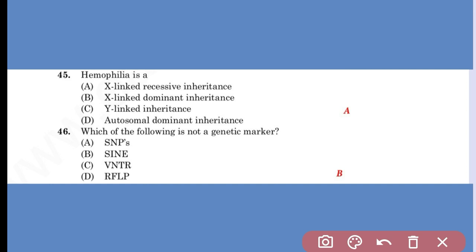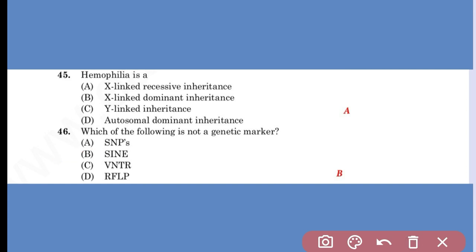So SSR, AFLP, RAPD, RFLP, these all are techniques for identification of genetic markers, but SINE, that is a shiny, is not a genetic marker. These are short interspersed nuclear elements, which are non-autonomous, non-coding transposable elements.